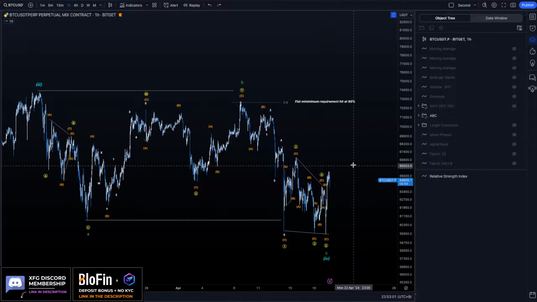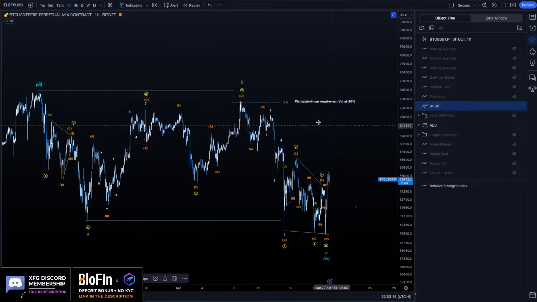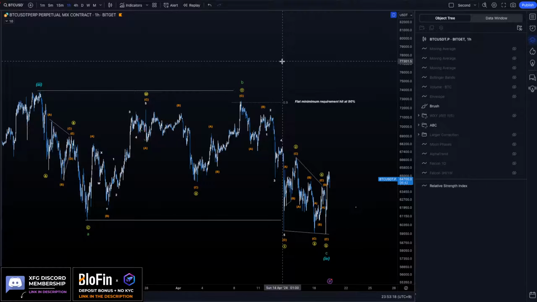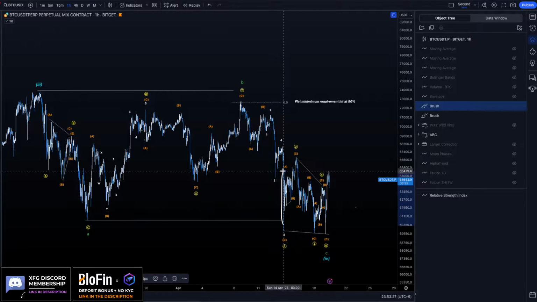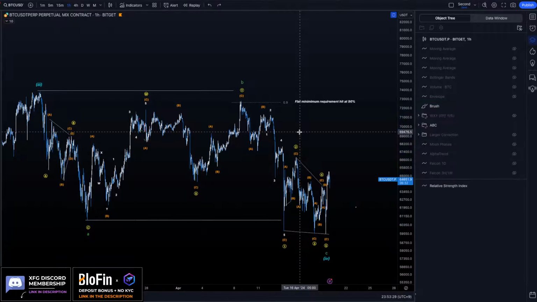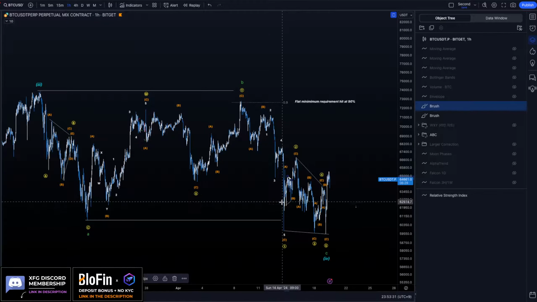Now, going back into the current price action, like I said, our original narrative that we were anticipating was this diagonal to play out. And the reason why is because we had a series of threes being played out in the ending diagonal. And again, in the ending diagonal, you can only have a series of 3, 3, 3, 3, 3, which are all corrective structures, right? So when we had this move up, we saw this originally as a possible 1, 2 being created, but we were able to identify some kind of triangle being made.